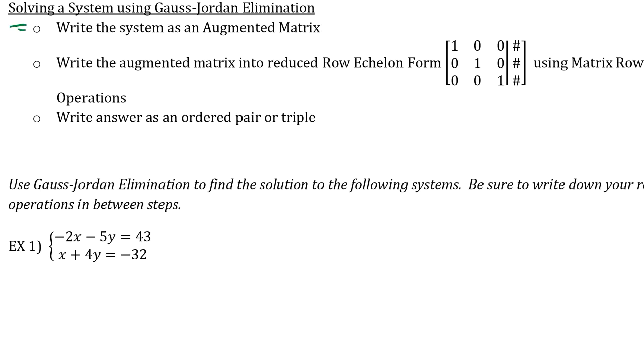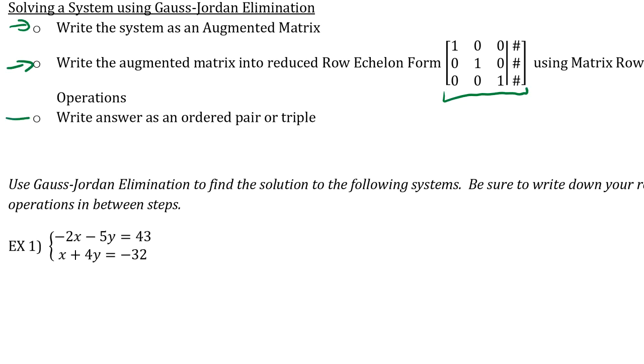But the first step is always going to be write the system as an augmented matrix. So just take all the coefficients, put those coefficients into a matrix. The second step, and this is going to be the really long step, is going to be to write the augmented matrix into reduced row echelon form, which is this right here, which I'll talk about in just a second, using matrix row operations.